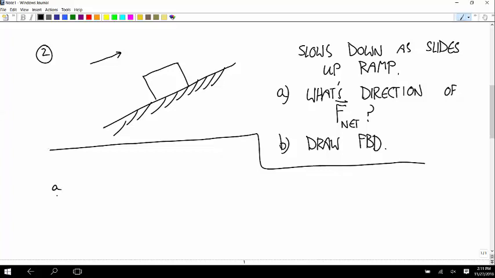Okay, so for the first part, there's the object. Here's the path. Its velocity is this way because that's the direction of motion. It's slowing down. So the parallel part of the acceleration is opposite the velocity.